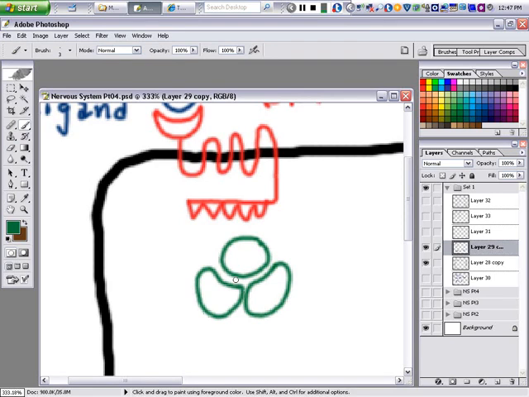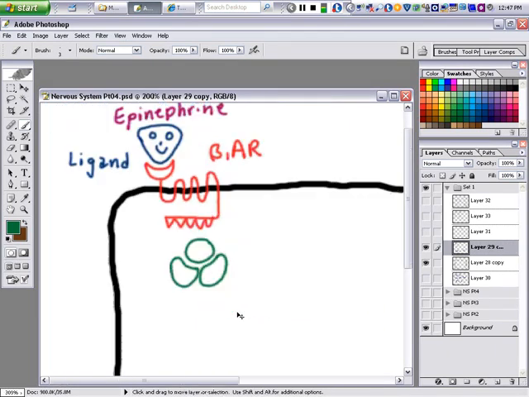So as soon as that ligand, as soon as epinephrine binds to that 7-pass membrane receptor, that's going to change that receptor, and then this trimeric protein is going to bind to it. Now in this state, first the protein is inactive. So I'm going to put here, this protein is inactive.